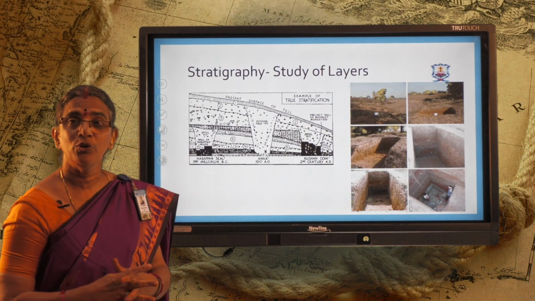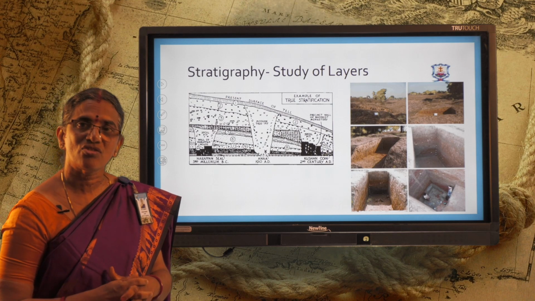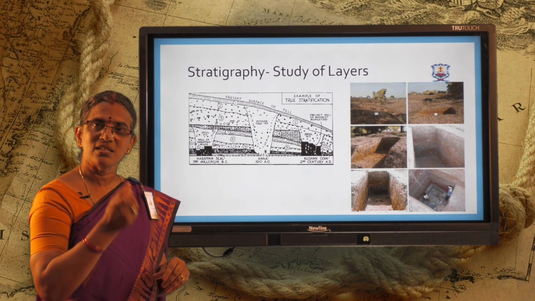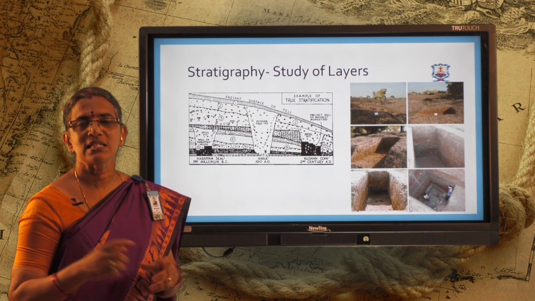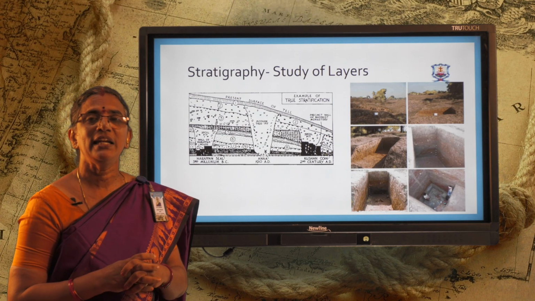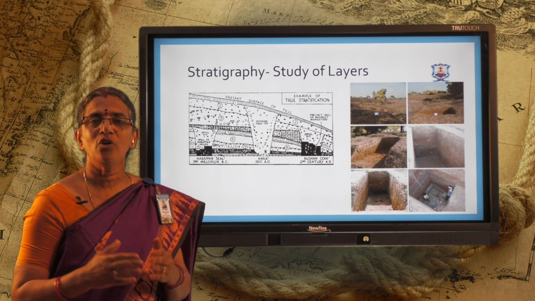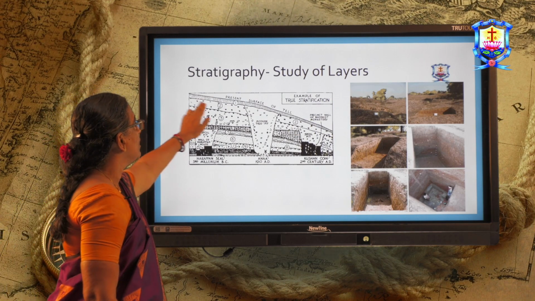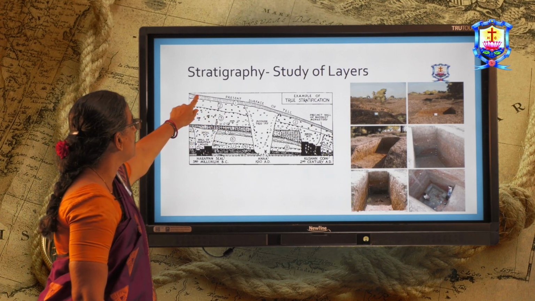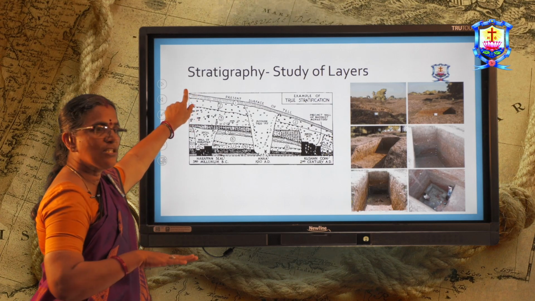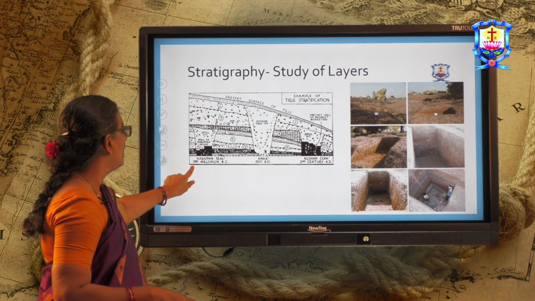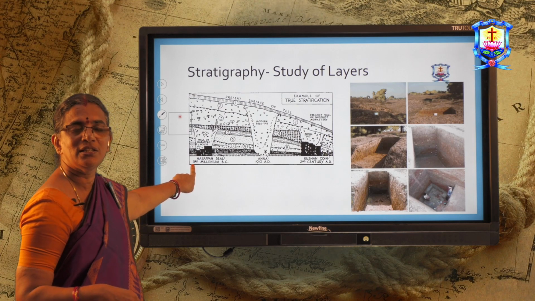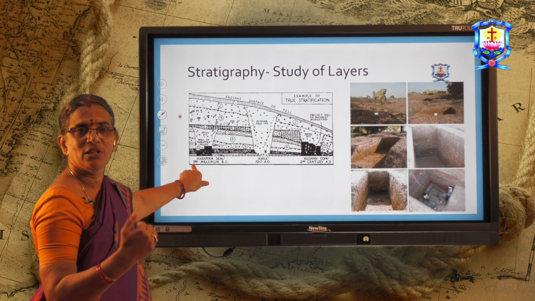Then I told you about the study of layers, or stratigraphy. The study of layers means the study of strata. There is a geologist called William Smith, who introduced this idea of how layers are formed in the earth. For example, this picture shows the present day, the modern day, called humus, where we stand on the ground, and this is a Harappan seal found in the 3rd millennium BCE, around 3000 years back.